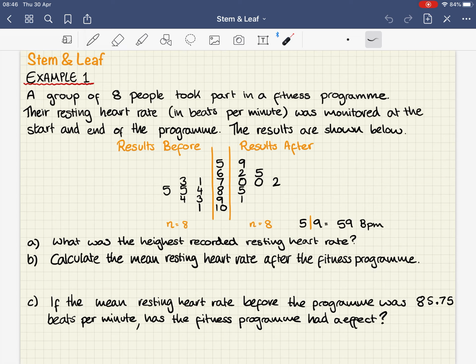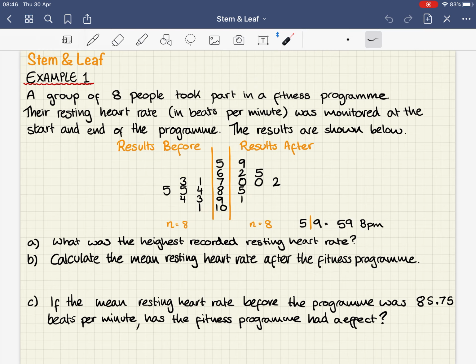And on the left hand side, you kind of have to read it sort of in reverse. So this is still our tens column. So that's going to be 71, 73, 84, 85, 85, 93, 94, and then this will be 101.